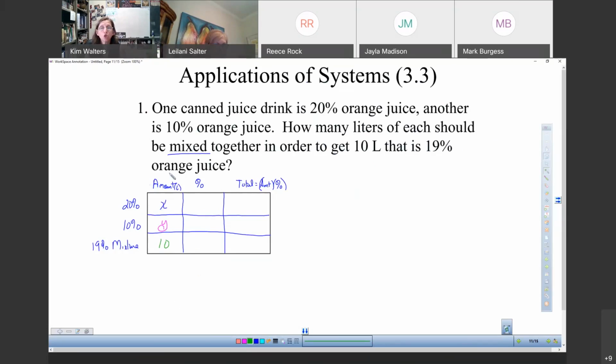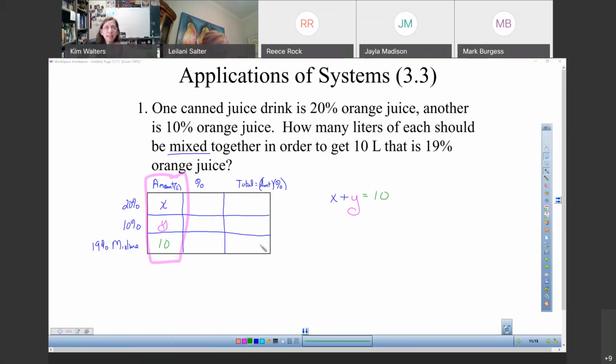Okay? So this first column is going to give me my first equation. And so my first equation is going to be x plus y is equal to 10. So this first column over here is going to give me my first equation.